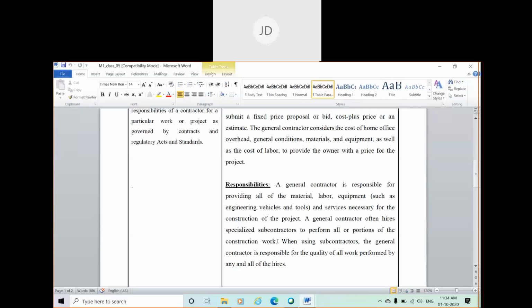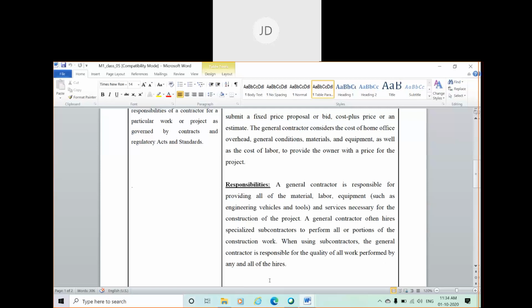A general contractor often hires specialized subcontractors to perform all or portions of the construction work. When using subcontractors, a general contractor is responsible for the quality of all the work performed by any or all of the hires.